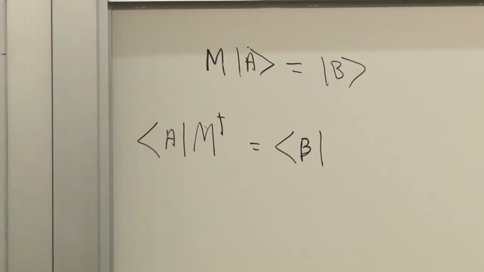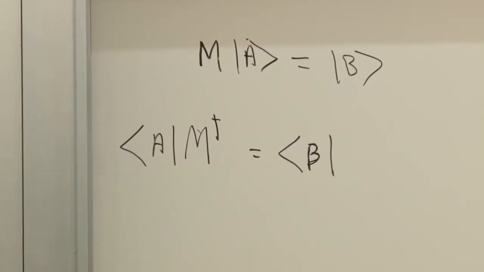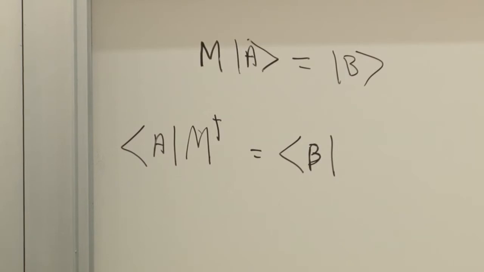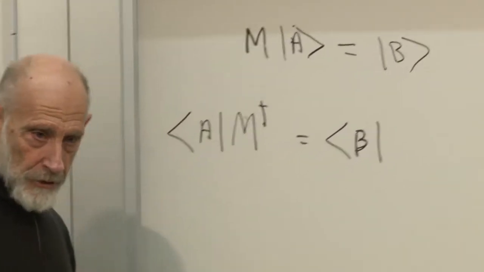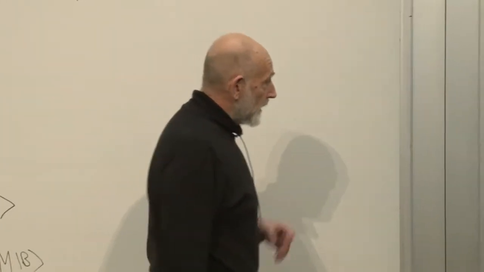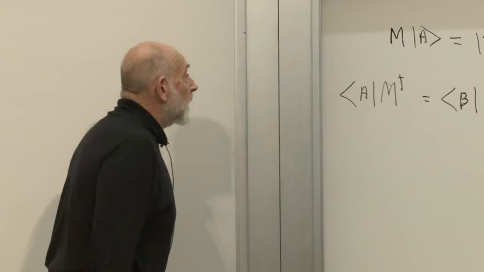The dagger is an operator version of complex conjugation, or a matrix version of complex conjugation. It's called Hermitian conjugation, but we'll get to these fancy words soon enough.